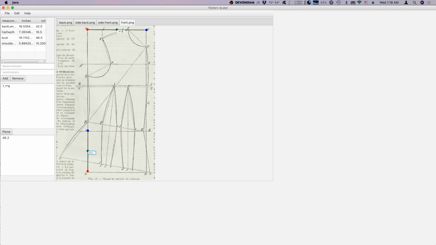Now we know that A through B is actually half of the half bust plus 2 centimeters. So that would make the bust about 48 centimeters instead of 46.